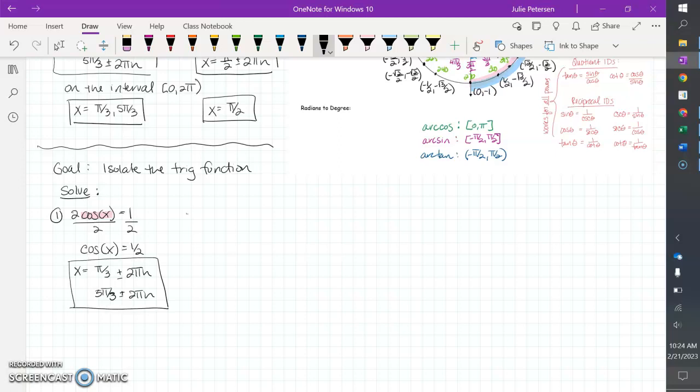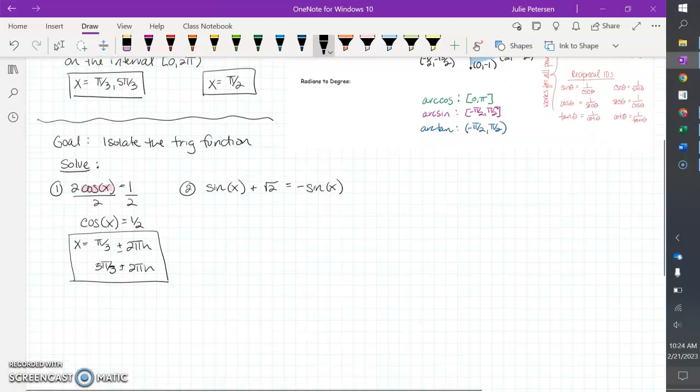Let's try another one. So this one is going to start off like this. Sine of x plus the square root of 2 equals negative sine of x. So we just have to be real careful with our algebra on a problem like this. So I see a sine x on two sides of the equation.